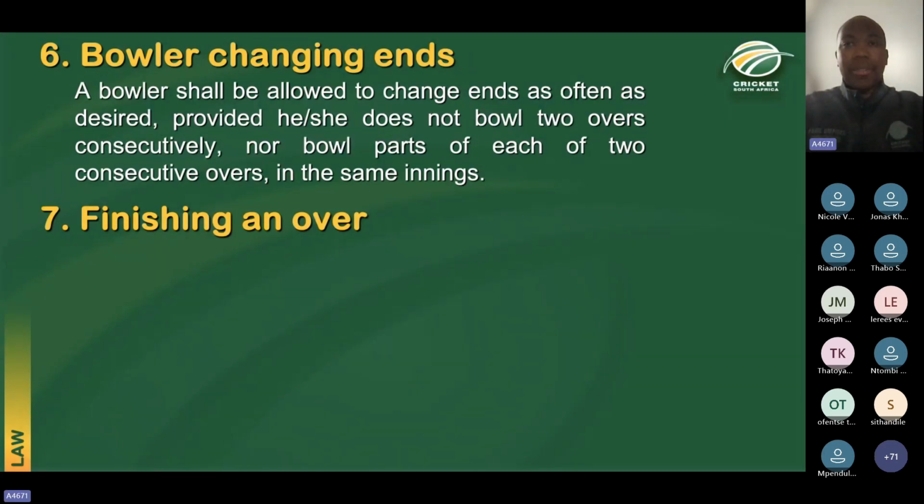But all other playing conditions for all other tournaments do not allow a bowler to bowl 2 consecutive overs from the same end, or 2 consecutive overs from either end in the same innings.